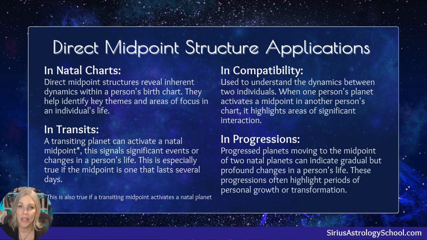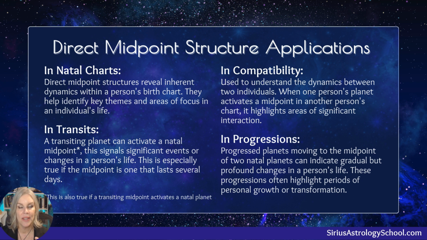In compatibility, we would use this method by taking one person's midpoint of two planets and looking at the third person's planet being involved with that midpoint. So that's another way to look at it. Midpoints are also used to make up composite charts, not midpoint structures, but midpoints make up the composite chart. That's what a composite chart is, and that is used in compatibility. We can also use the midpoints in progressions.